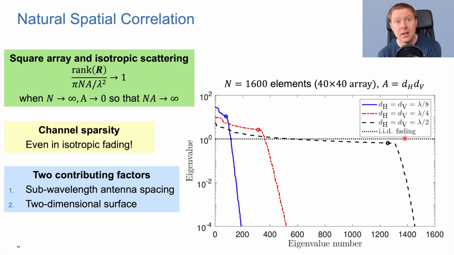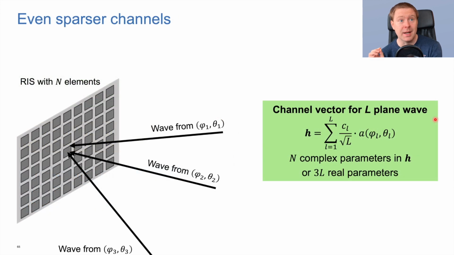And in particular for reconfigurable intelligent surfaces and for holographic massive MIMO, we should use models that are taking these smaller spacings into account. Then I'm not saying that one should use the isotropic scattering model that I was just describing, because in reality we might have even sparser channels.